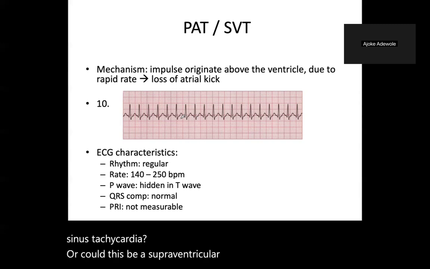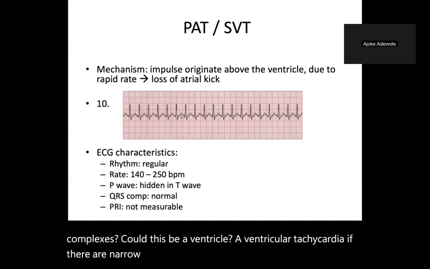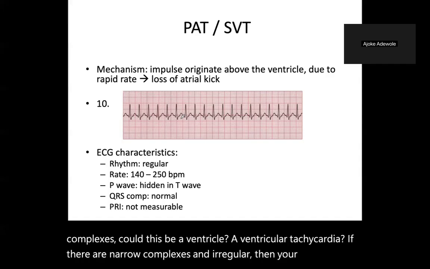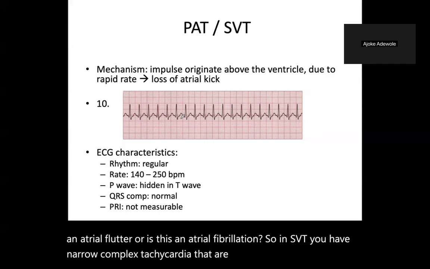If they are wide complexes, could this be a ventricular tachycardia? If they are narrow complexes and irregular, then you're thinking, is this an atrial flutter or is this an atrial fibrillation?